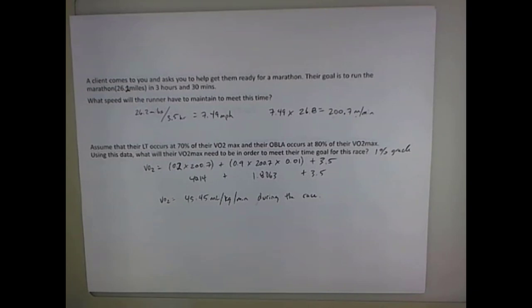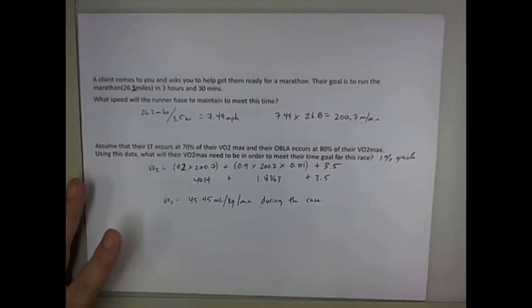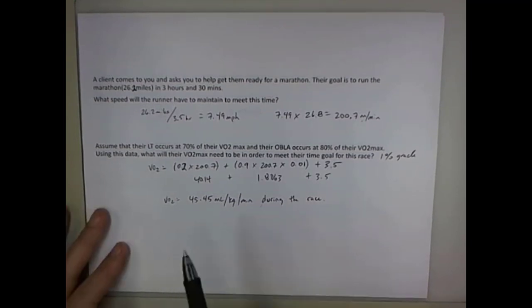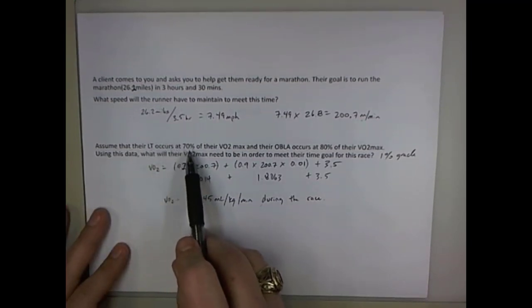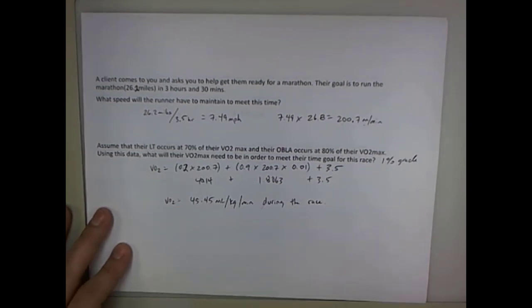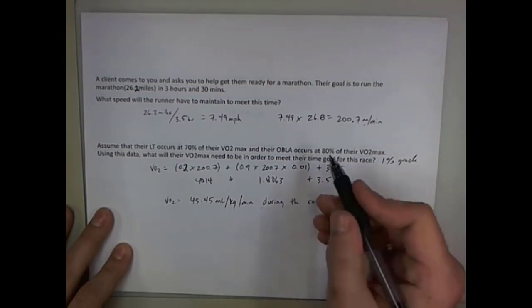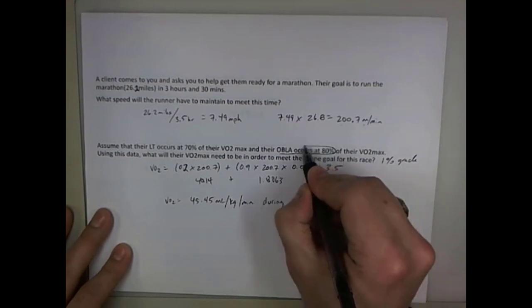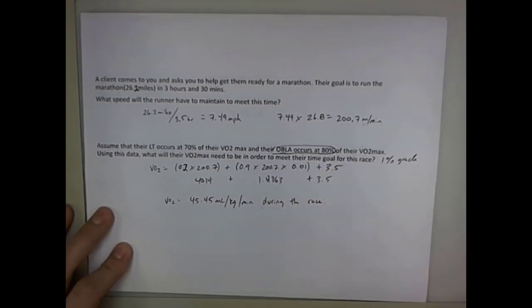But the question says, what should their VO2 max be? Obviously, their max has to be higher than what the race is, because we can't run the race at our VO2 max. We go back to our question. It says the lactate threshold occurs at 70% of their VO2 max and OBLA occurs at 80%. There's a little bit of misinformation here, and a reminder from exercise physiology: as long as you stay below OBLA, that is where fatigue will not occur.